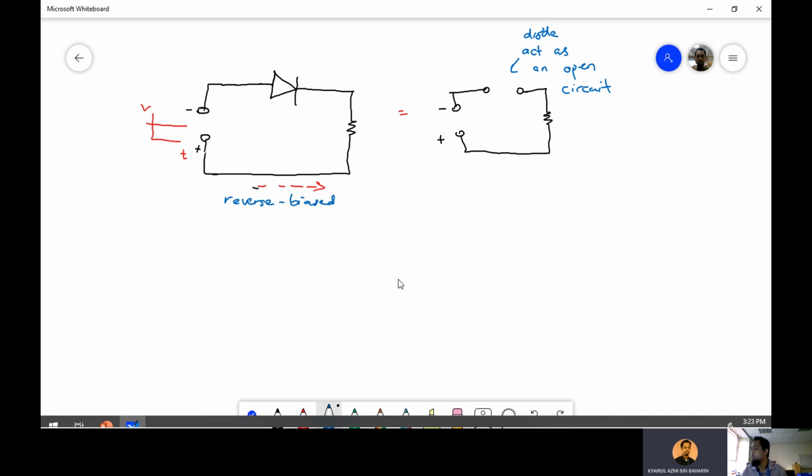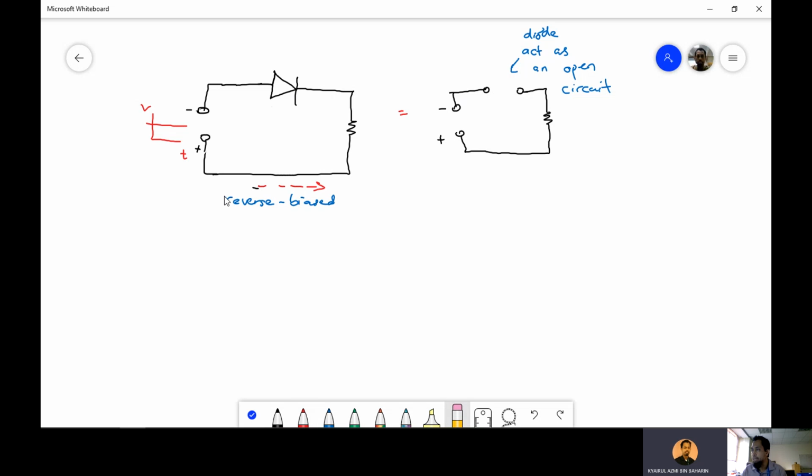Okay, now let me show what will happen if we were to connect into an AC waveform. So now I change this into an AC waveform. So for the AC waveform, we have a positive cycle and a negative cycle.